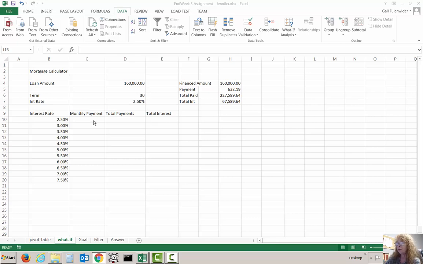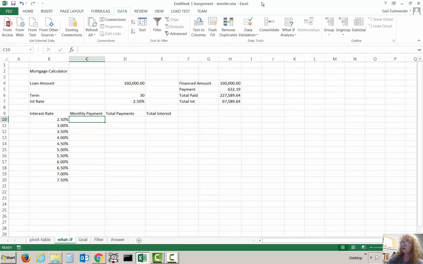But here's how it works. Okay. I have my data table set up. My interest rate is what is changing, which is based on D7. I have the monthly payments, total interest. We have to enter the first row of information correctly, just without using a data table.